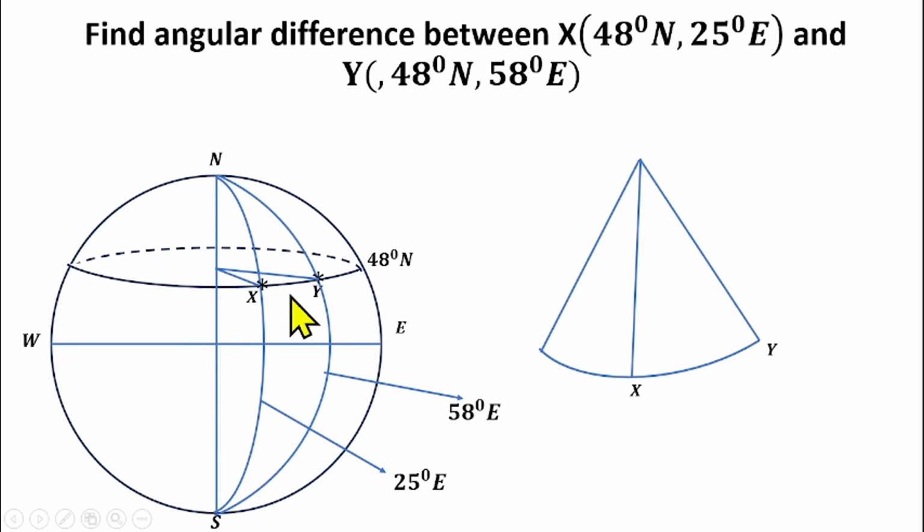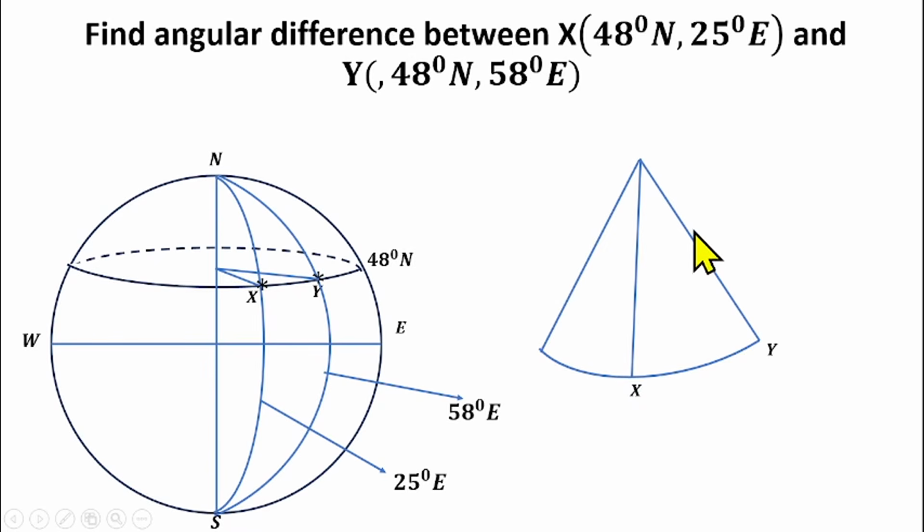Then this radius will start at the origin for the angle, which represents this part here. Our aim is to find the angular distance between point X and point Y, which is the angle from here to here.